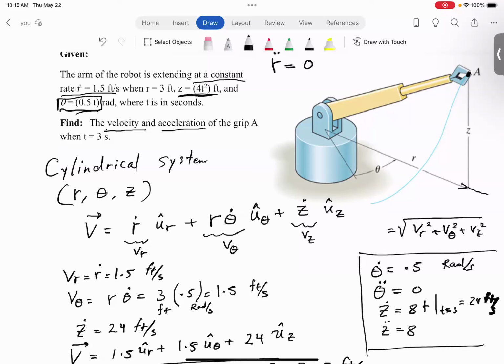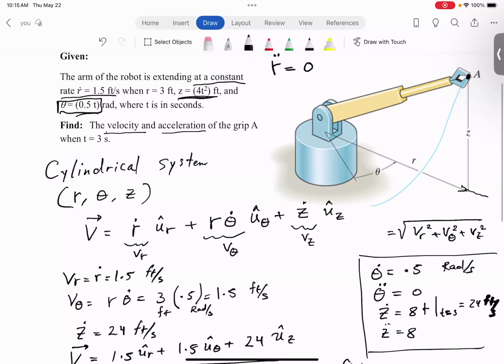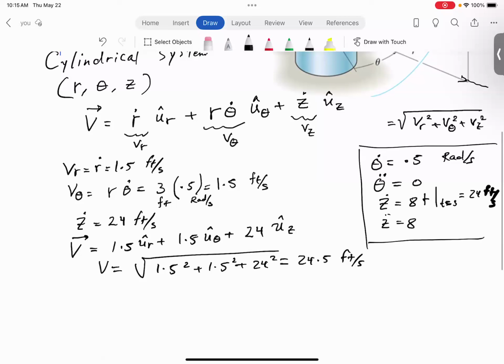Okay? You can actually show how it looks like. I don't have room here to show you what that velocity looks like, but you just extend the components in the direction 1.5 in radial axis, transverse axis. So remember, this was radial, this was transverse, right? And this is the z. Maybe I can show it to you here.